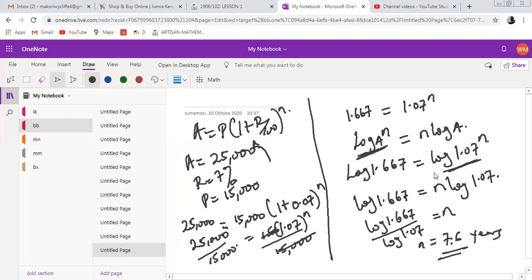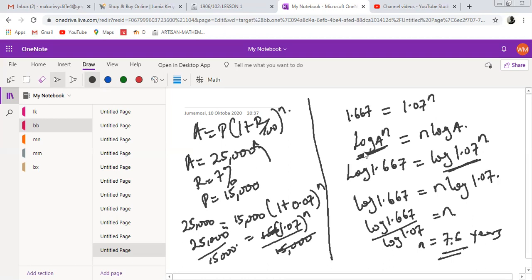I want to stop there for today, and I hope now you can interact well with this particular compound interest formula for you to be able to get any value that is not given, be it the r, be it p, be it n, be it a. Any value that you are not given in that particular question, you can substitute and have it. But note, the n is always going to attract the logarithm.